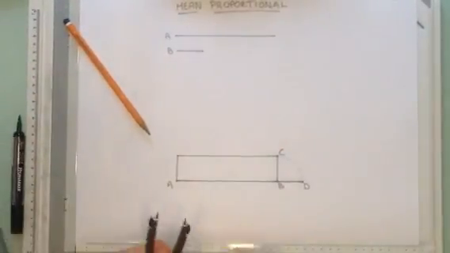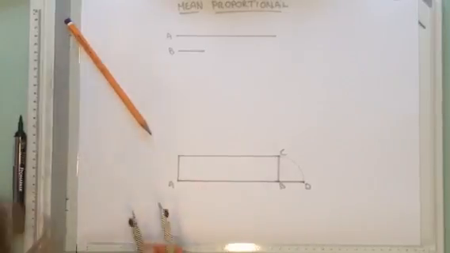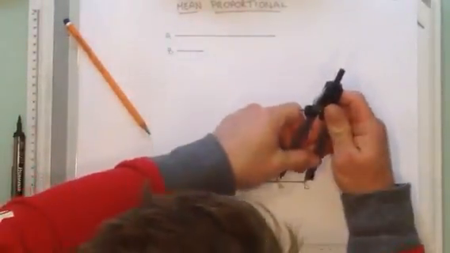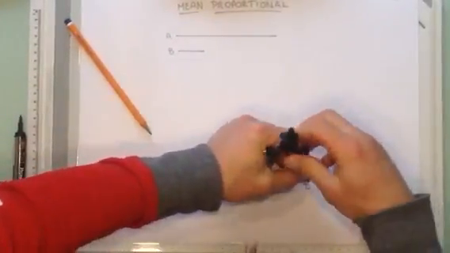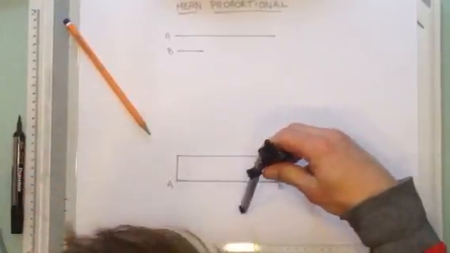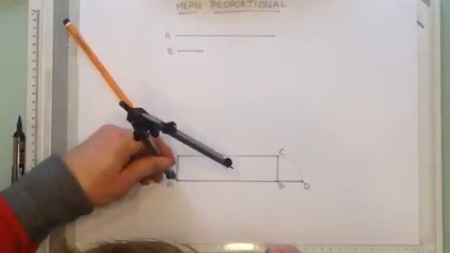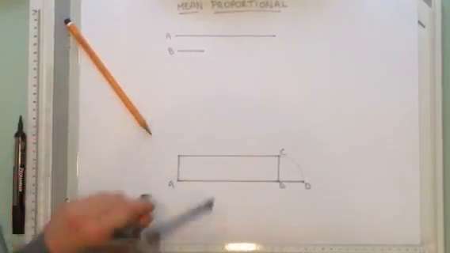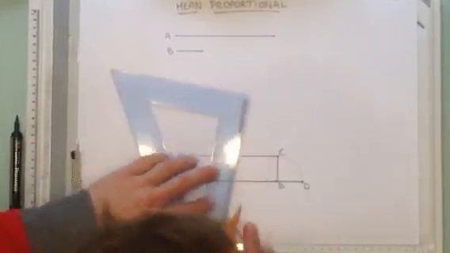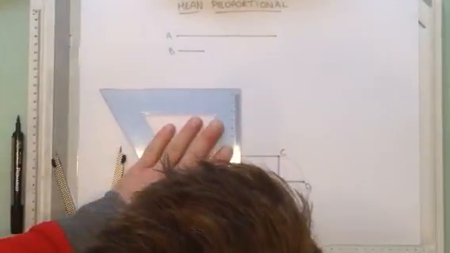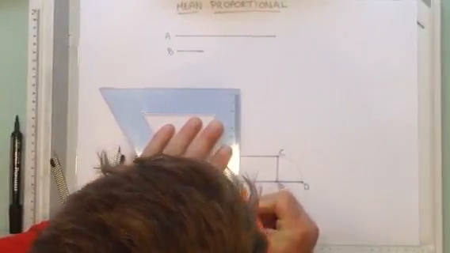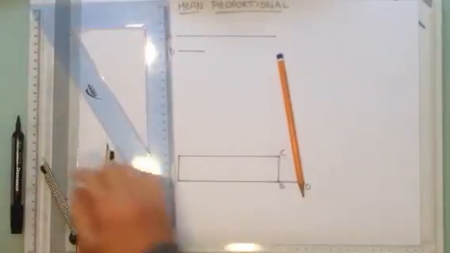So from there, what I want to do is bisect the line AD to find the midpoint, the center point. So I use my compass again. Gives me my center point there.